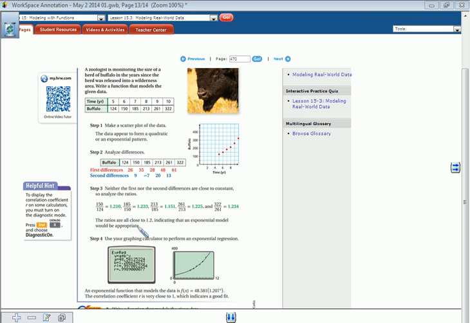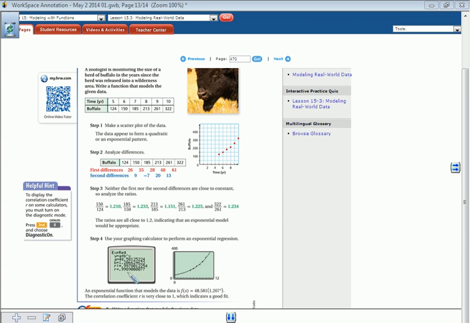They're close. So we're going to do an exponential regression. It looks like an exponential curve. It actually almost looks like a line, which is probably why they tested the first differences. And I guess you could say it looks like the right half of a parabola, which is why they tested the second differences. But when those two failed, they looked at the ratios.